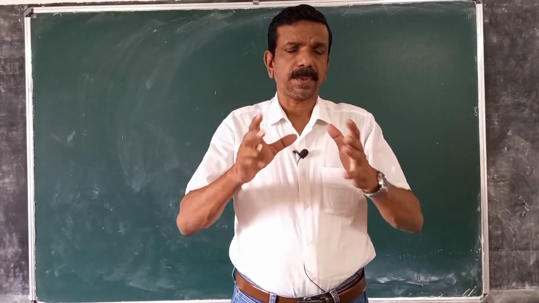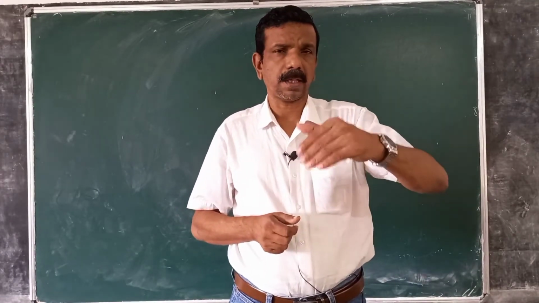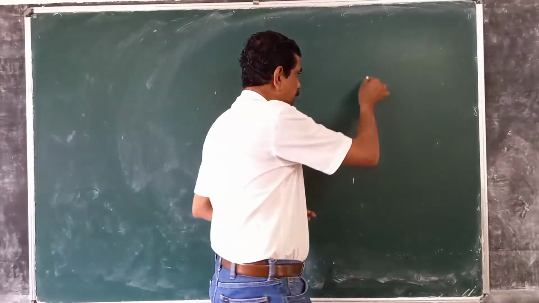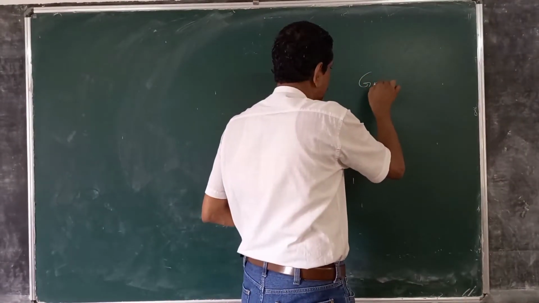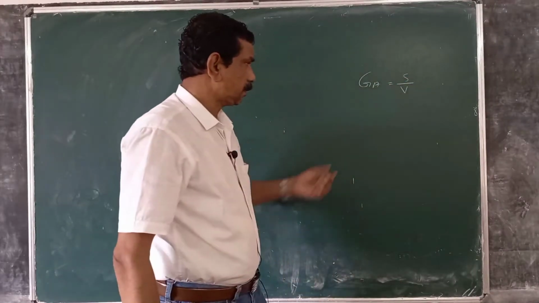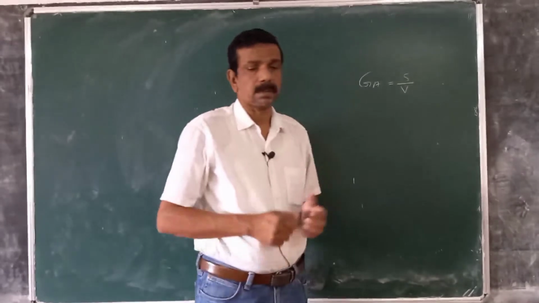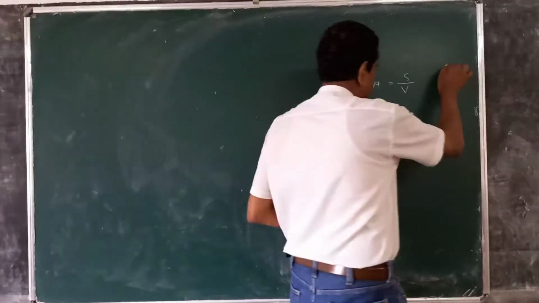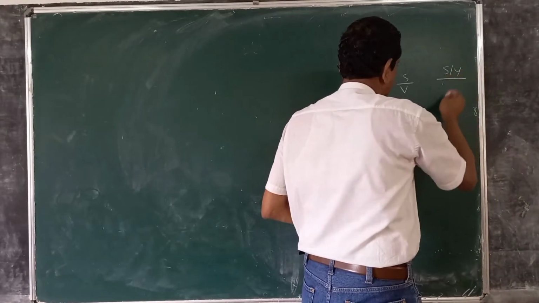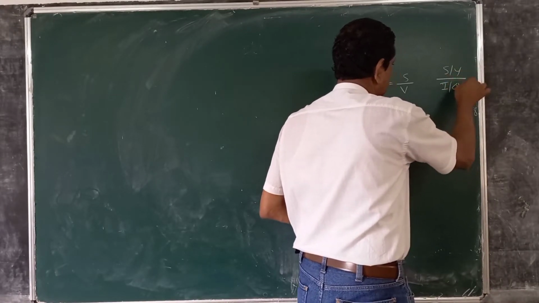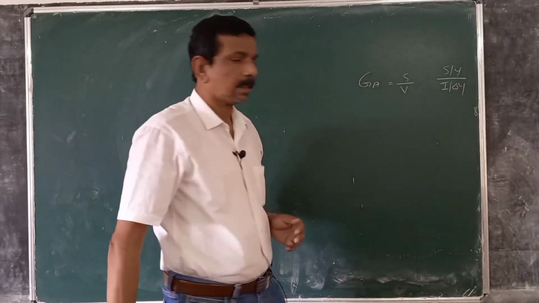So, in order to explain the use of Harrod Domar model, we start with the fundamental equation GA is equal to S by V. Actual growth rate is equal to the ratio of S by Y divided by I by delta Y, incremental capital output ratio.